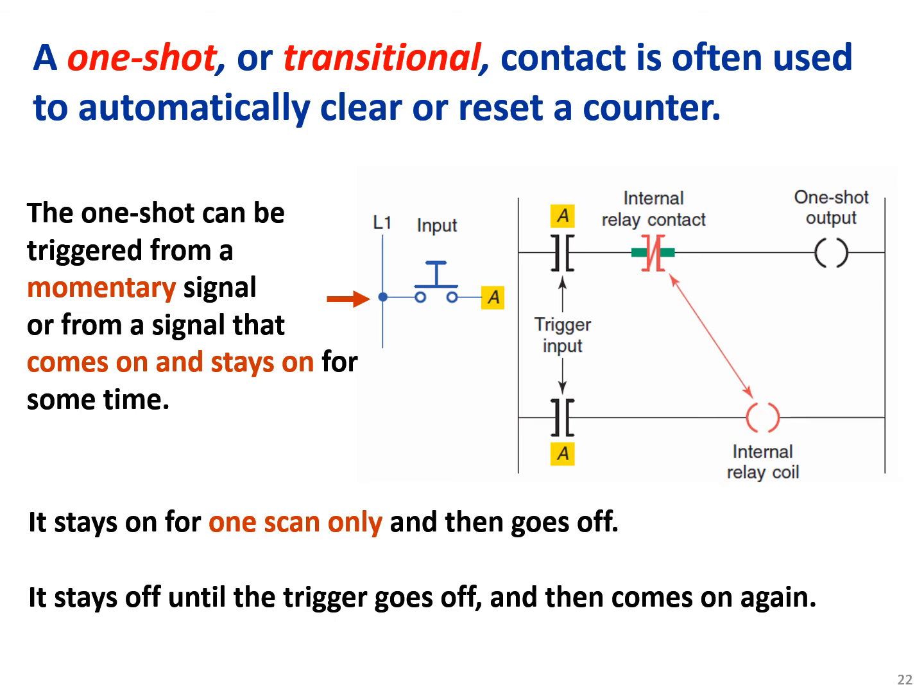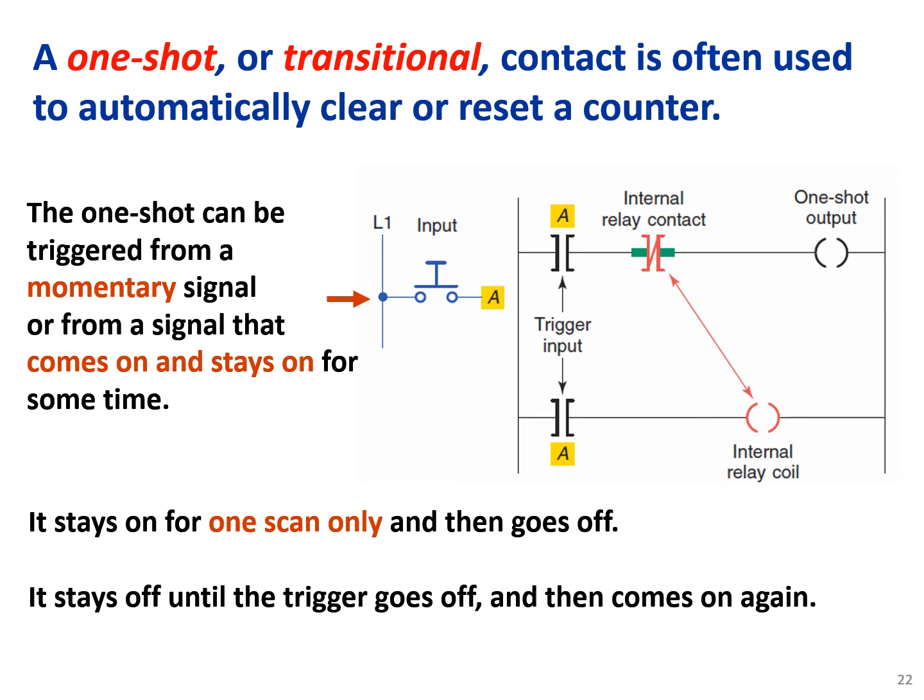A one-shot or transitional contact is often used to automatically clear or reset a counter. The one-shot can be triggered from a momentary signal or from a signal that comes on and stays on for some time.